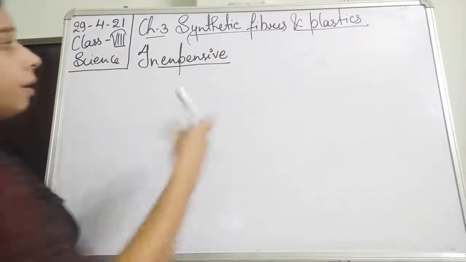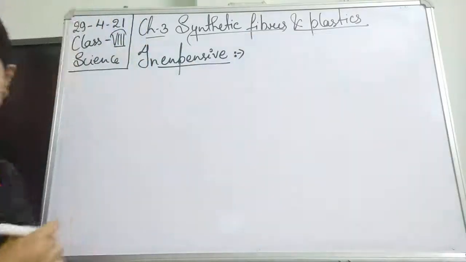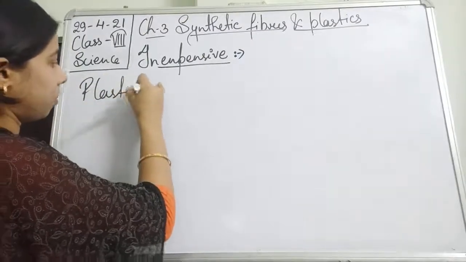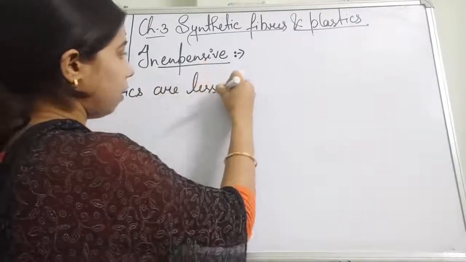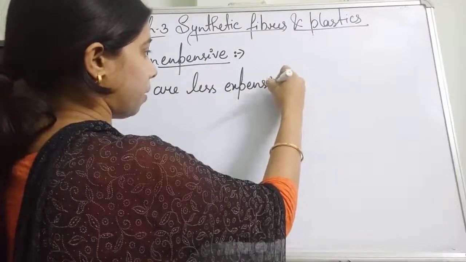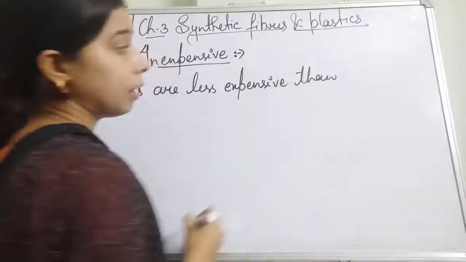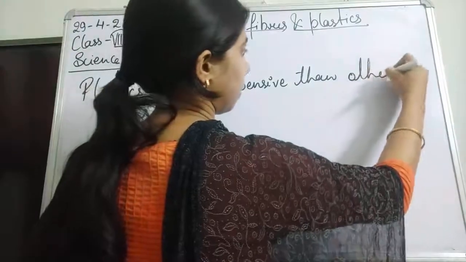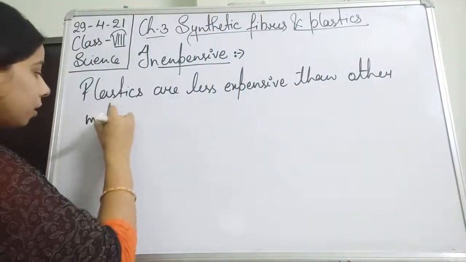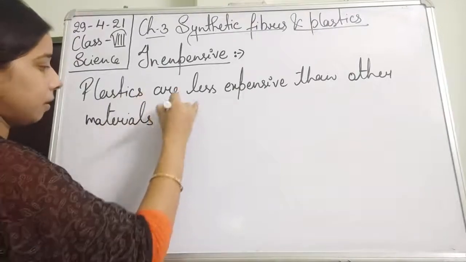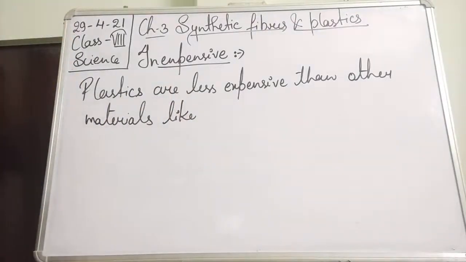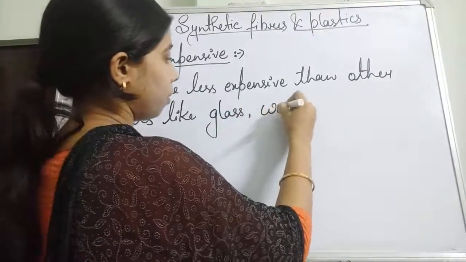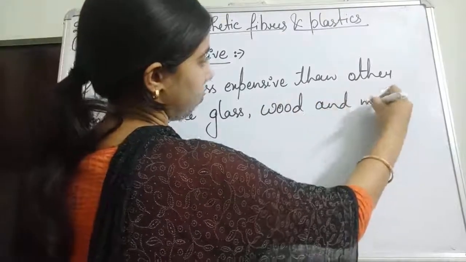So, plastics are less expensive. It is less expensive than other materials like glass, wood and metals.